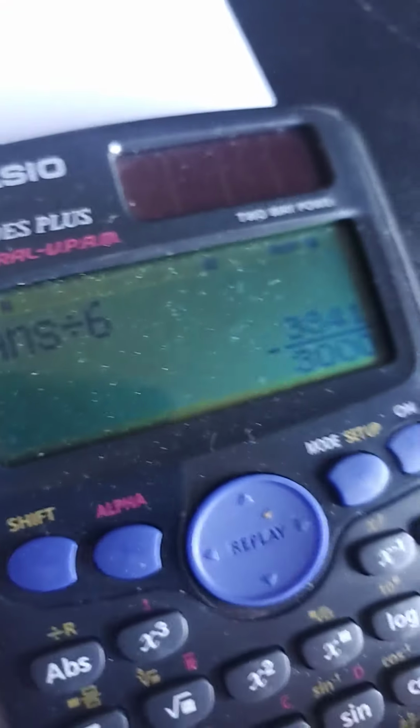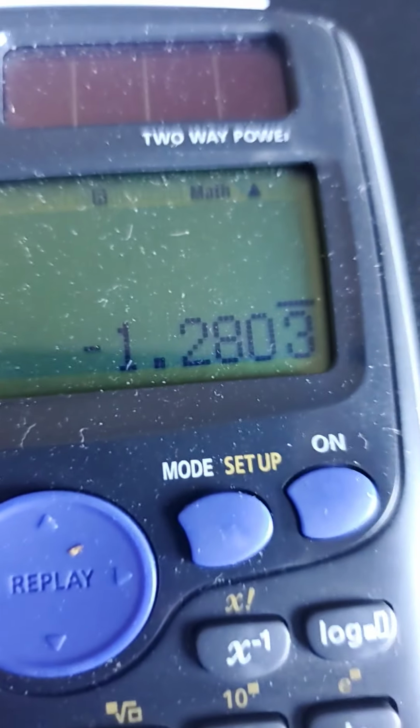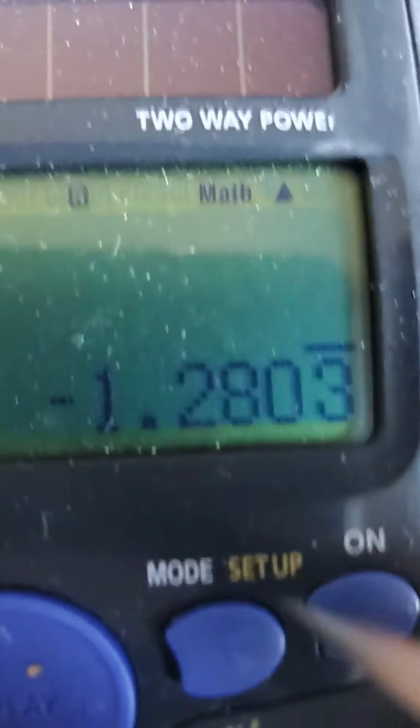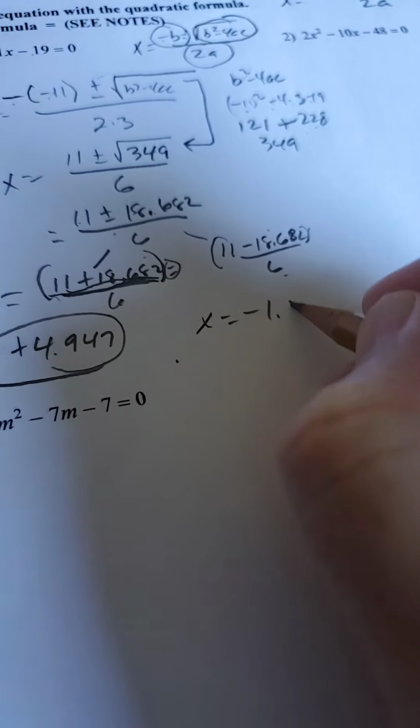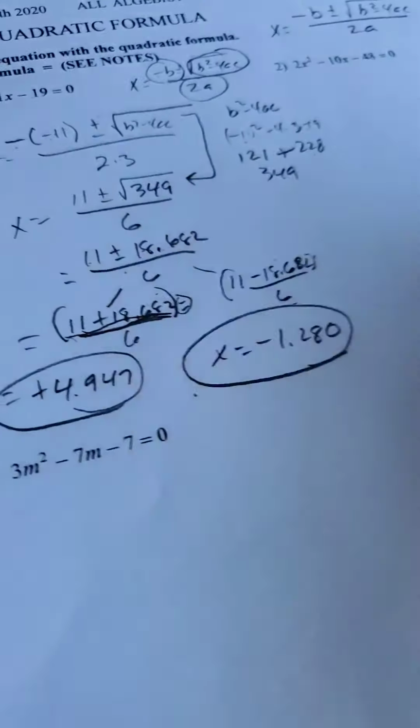I've got the fancier calculator that needs the SD button, and that answer is negative 1.280.